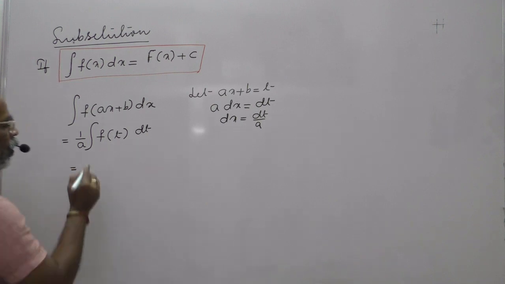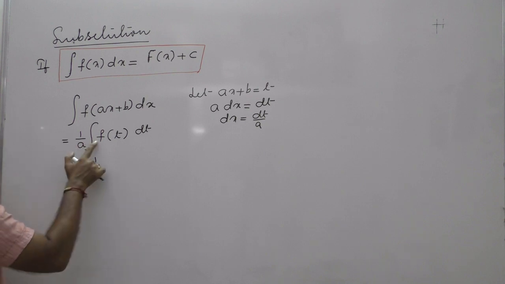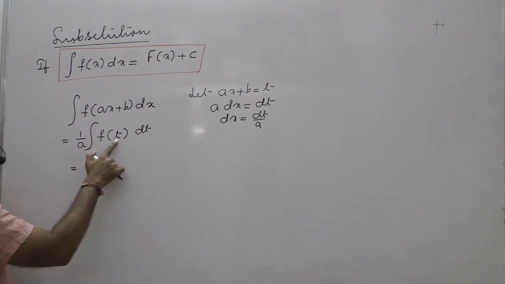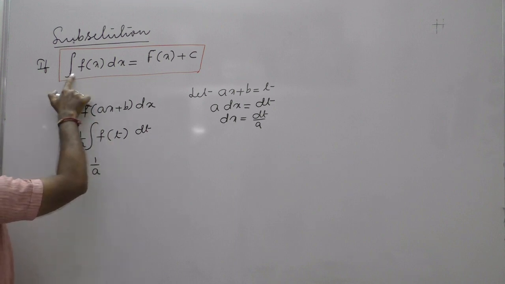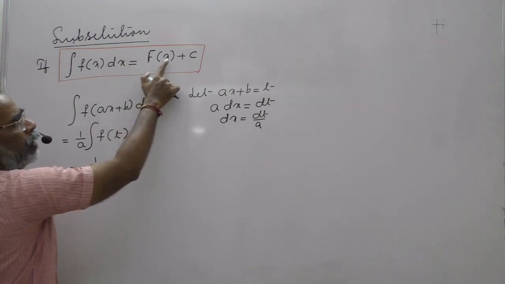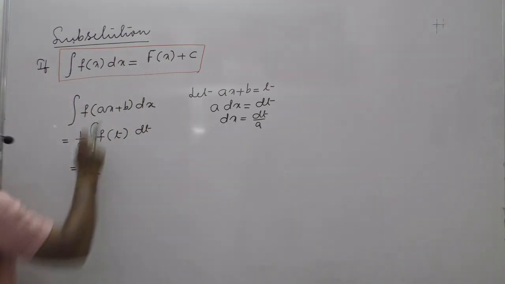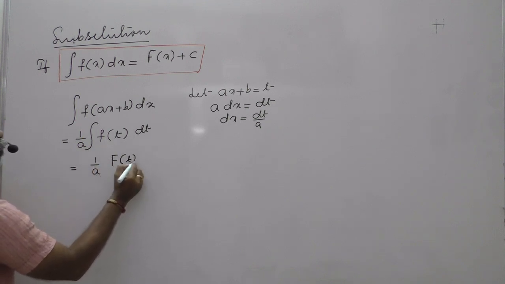Therefore this is 1 by a into the integral of f of t. When a single variable is there, the integral of f of x dx is capital F of x plus c, and I can apply this. Therefore this is F of t plus c.